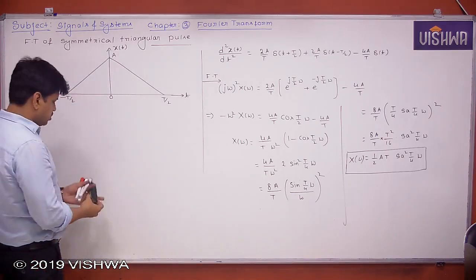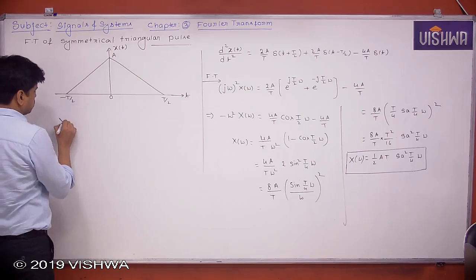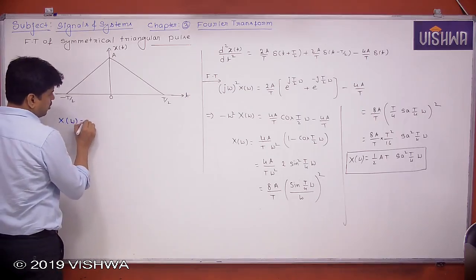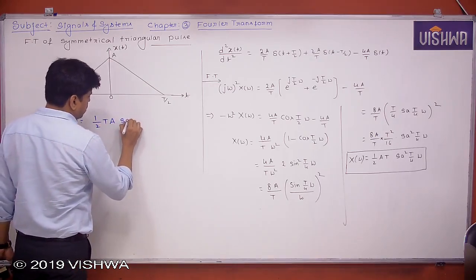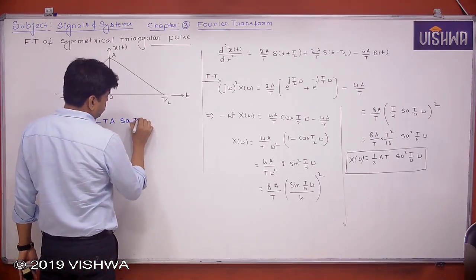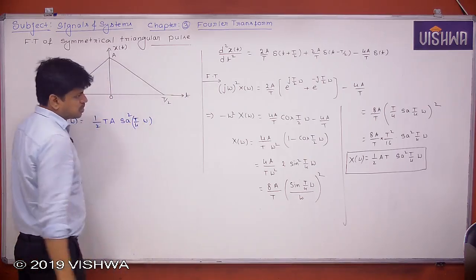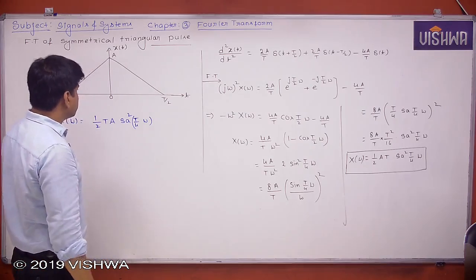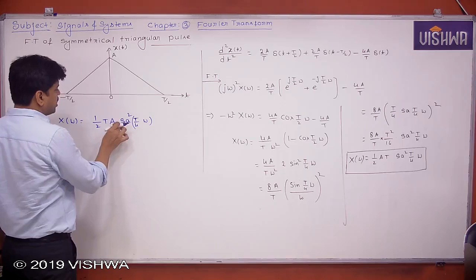So finally the X of omega value we got for this function is half T A sampling square T by 4 omega. If you observe carefully, half T is nothing but the base and A is nothing but the height.